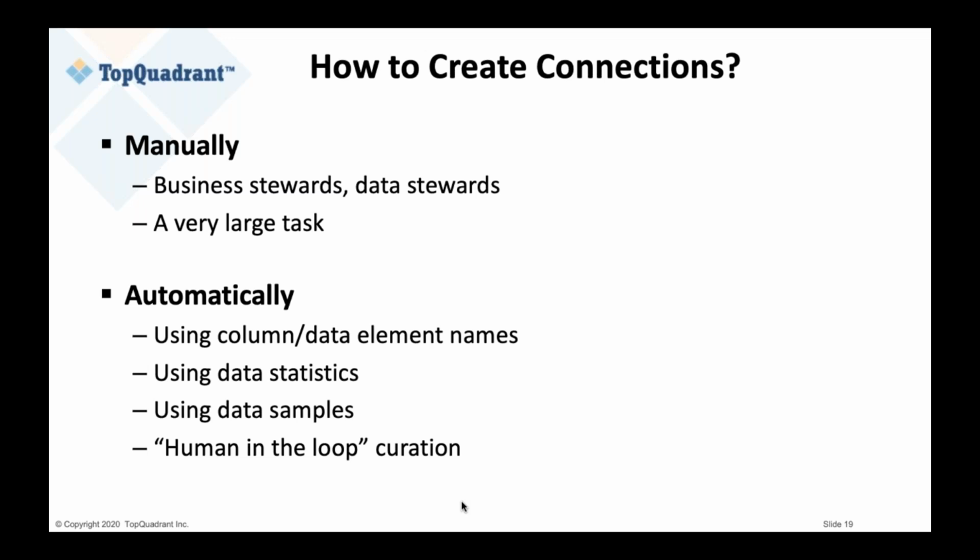And when you're doing it automatically, there's a number of approaches that the software or tool could take to help this connection. So when I talk to customers, the most common one that comes to mind when you talk about automating. Everyone asks, well, can you just look at the name of the data element or a name of the data column and just do some kind of a fuzzy matching based on the name? And yes, of course you can, and that can be a useful approach.